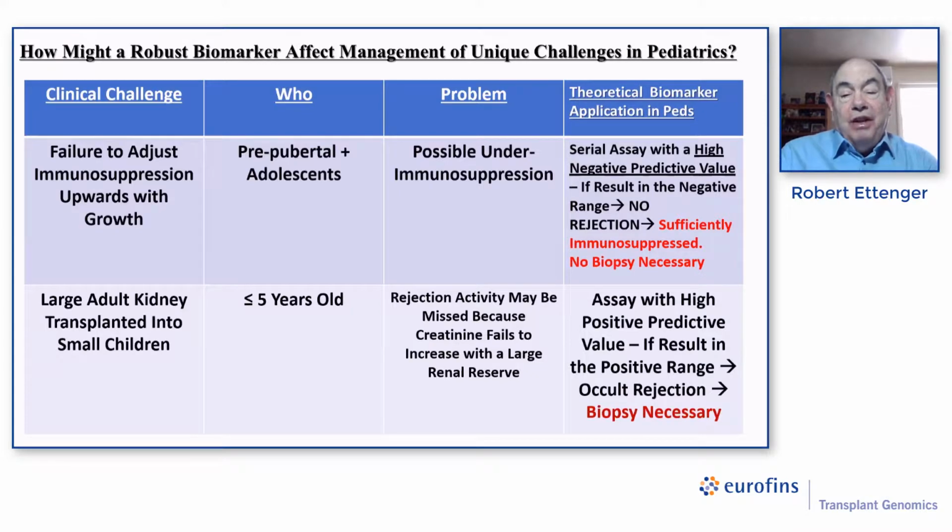If the result is in the positive range, there's occult rejection and biopsy is probably necessary. This is quite common in the very little kids that we see. Well, we don't do many of them because most of the transplants are done in the kids 6 to 12 and 12 to 21. That's when most of the pediatric transplants are done. The younger ones create this sort of problem.